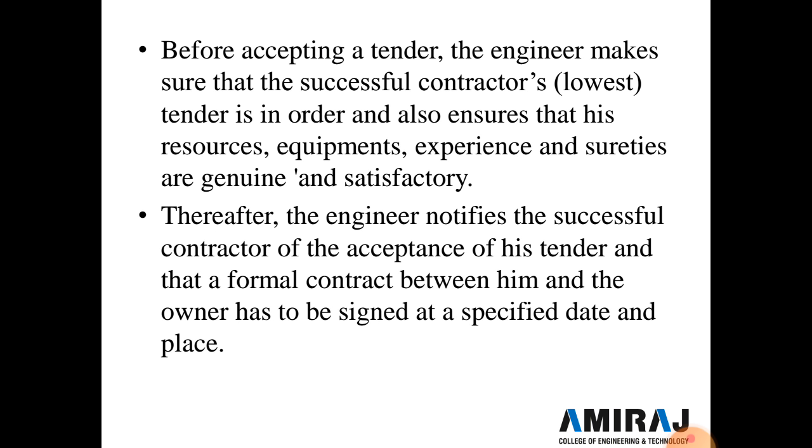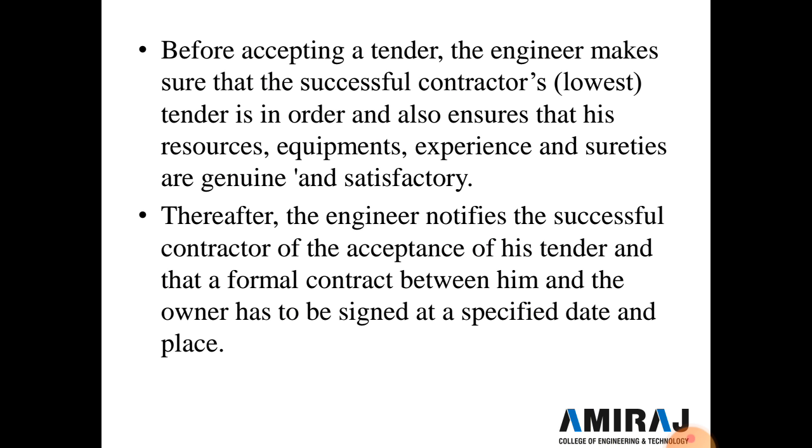Before accepting a tender, the engineer makes sure that the successful contractor, meaning the lowest tenderer, is in order, and also ensures that his resources, equipment, experience and sureties are genuine and satisfactory.